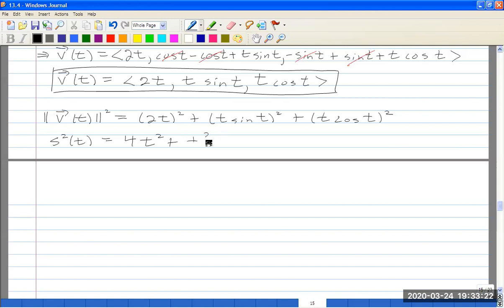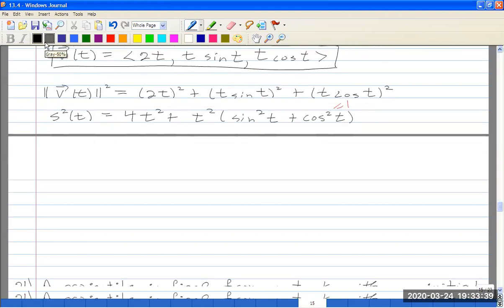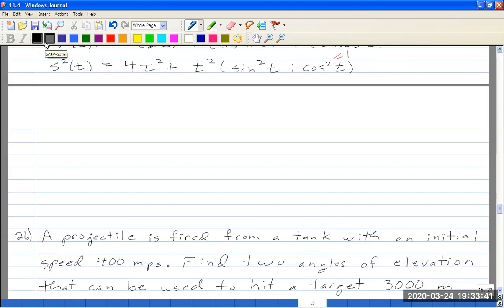I can factor out a t squared, and the sine and cosine squared sum to 1. So 4t squared plus 1t squared is 5t squared.